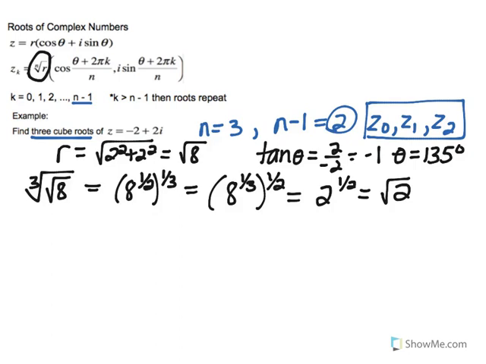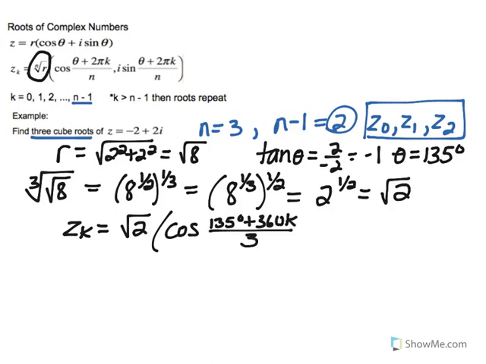Now, zk, and I'm going to do all of these on the next page. I'm just going to write this here, so make sure you write this down. It's going to be the square root of 2 every time. And then it's going to be cosine of (135 plus 360k) divided by 3 because it is a cube root, plus i sine of (135 plus 360k) over 3.